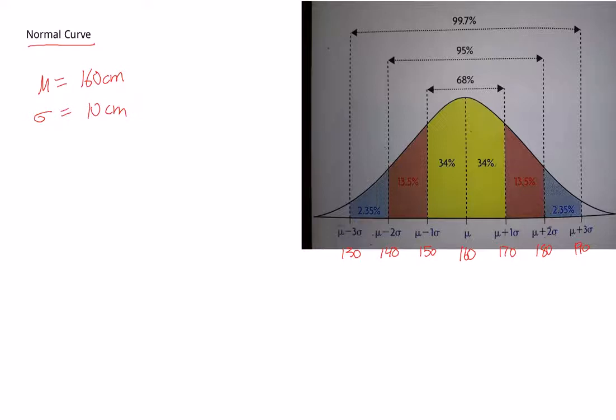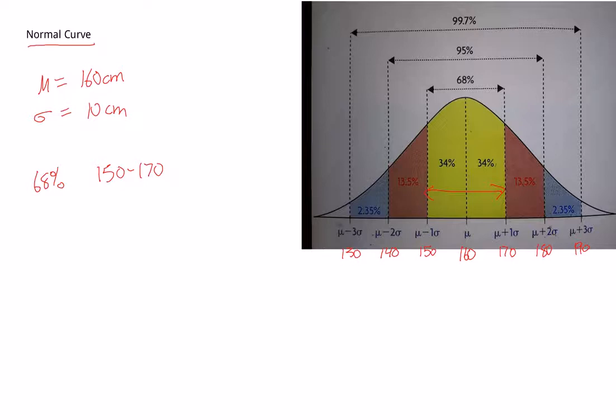If the object's normally distributed, that means that the majority of our data is within 1 standard deviation. So you can see on the chart, if we go anywhere between -1 to 1 standard deviation, that means 68% of our data, approximately, will be between 150 to 170 centimeters tall.